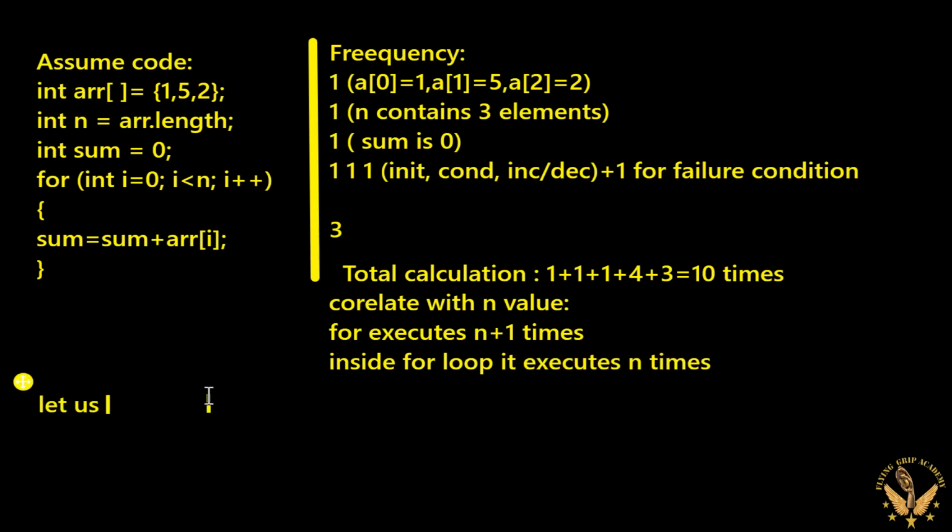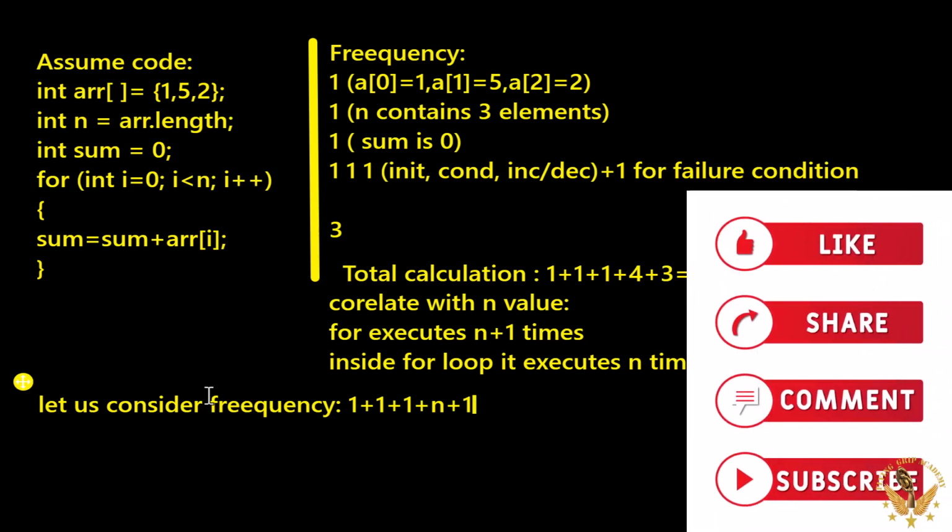The frequency results in 1 plus 1 plus 1 plus n plus 1 plus n. Now you can add all the n's. How many n's are there? 2n. Now calculate the constants. How many constants are there? 4. In this manner you can analyze the frequency of each and every algorithm.